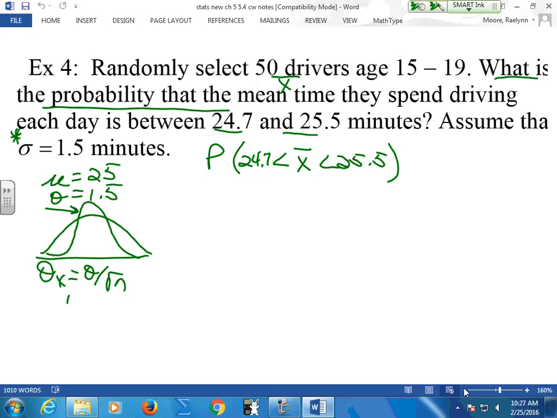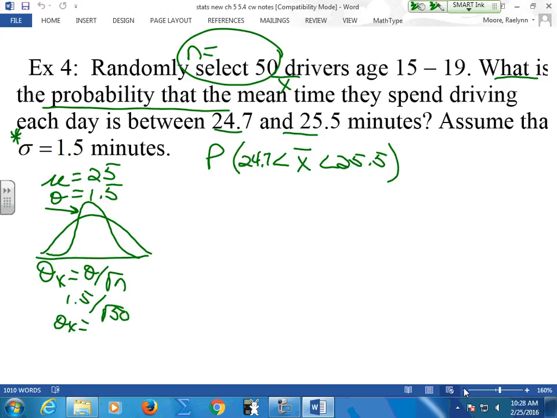So 1.5 over the square root of what's n? 50. Okay, so we're going to find your sample standard deviation. So, let's get this done. I don't have to add or subtract. And I like the sketches.